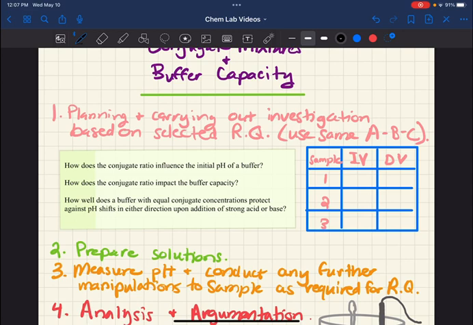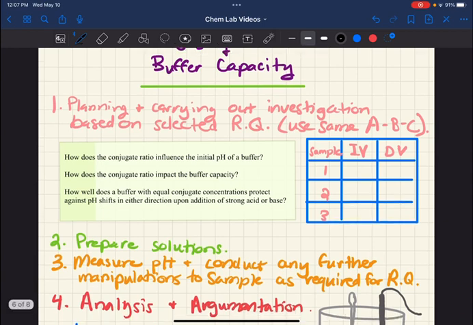So these questions are fairly similar, but what you would do initially while planning and carrying out your investigation is identify what is the independent variable that you're manipulating in the experiment and what is the dependent variable, and set up a data table where you can put the values that you're manipulating for your independent variable and your measurements for your dependent variable.